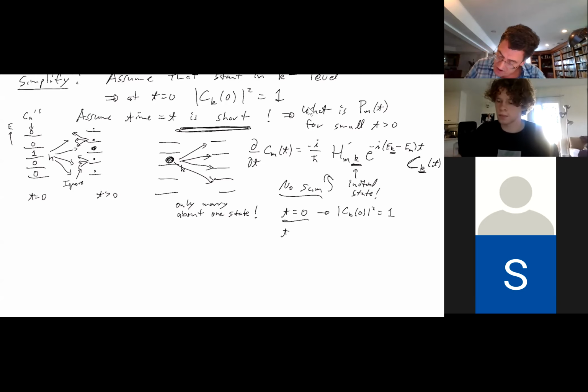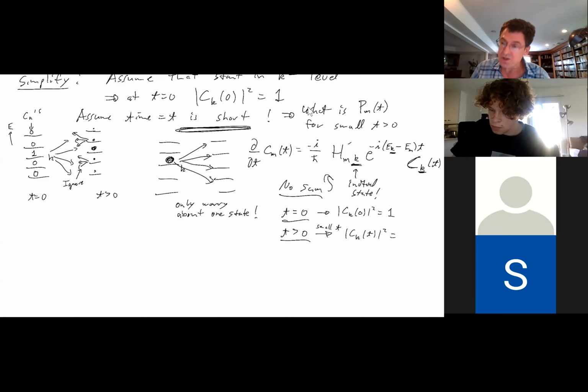But I'm going to make the assumption that for t greater than 0, but for small times, c_k of t squared is equal to what? Can you guess? This is our second gross approximation. Is it 1 minus C_m of t? That's too complicated. I want an even grosser, a really gross approximation. Make it so gross.